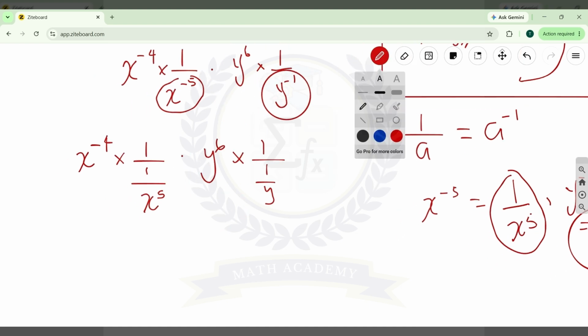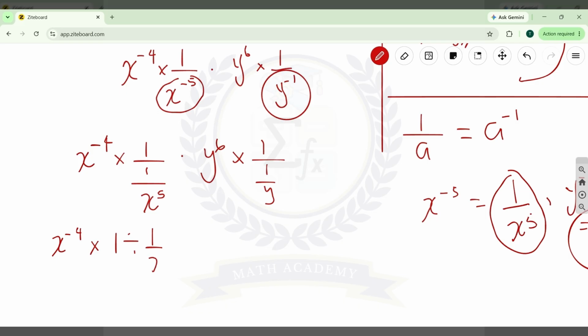What this simply means is that x to the power of -4 multiplied by 1 divided by 1 over x to the power of 5 multiplied by y to the power of 6 multiplied by 1 divided by 1 over y.